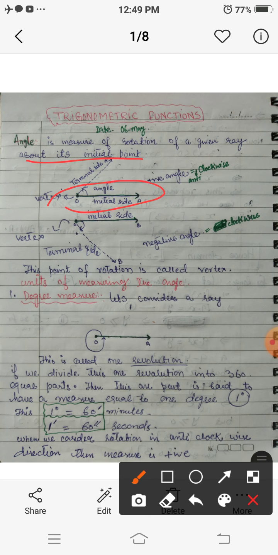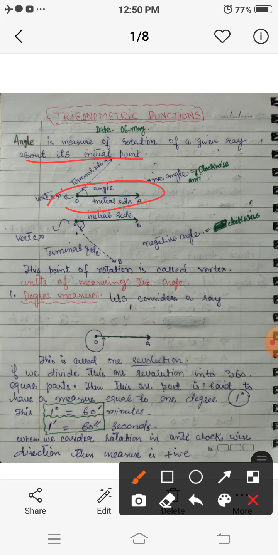Now, if this ray rotates about this position, that is, O remains fixed, we have to rotate the other end of this, that is end A. So when we rotate, there are two ways for this rotation: one in clockwise direction, second one in anti-clockwise direction.